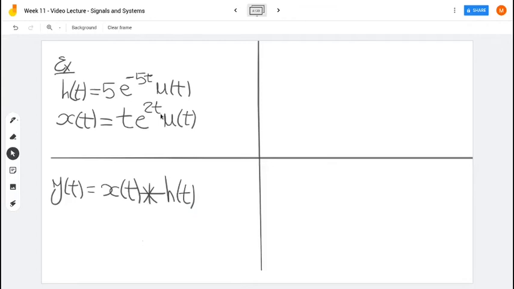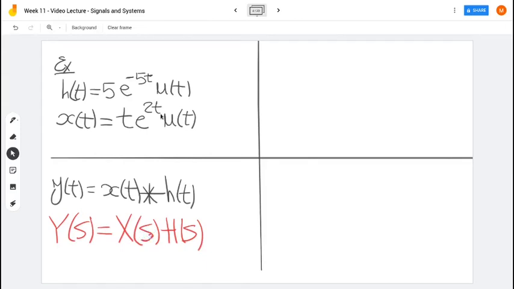So now we can apply the convolution property of the unilateral Laplace transform. So Y of s will be equal to X of s times H of s. And now instead of doing convolution in time domain, we will be doing multiplication in the s domain.